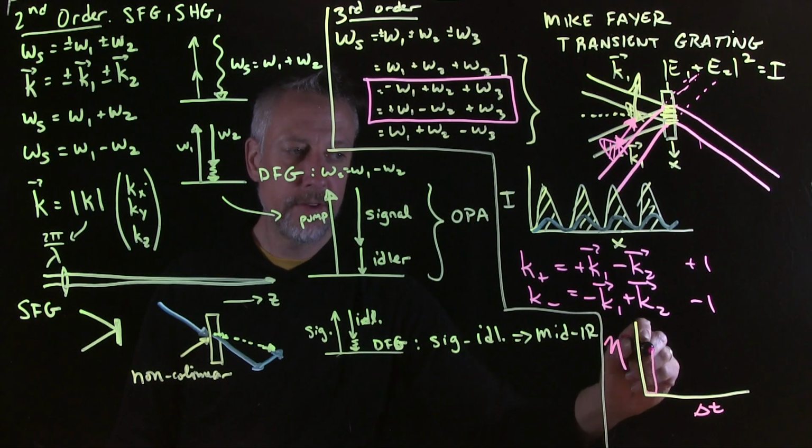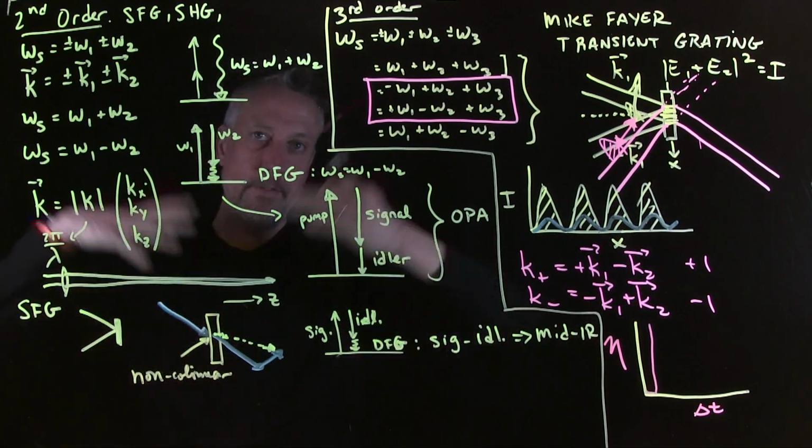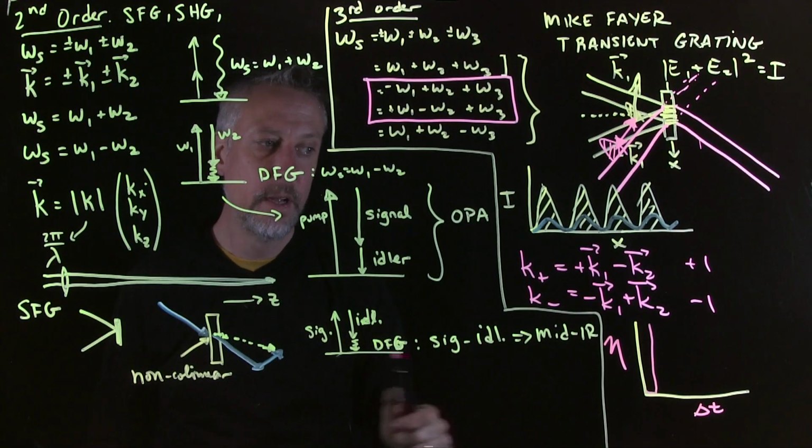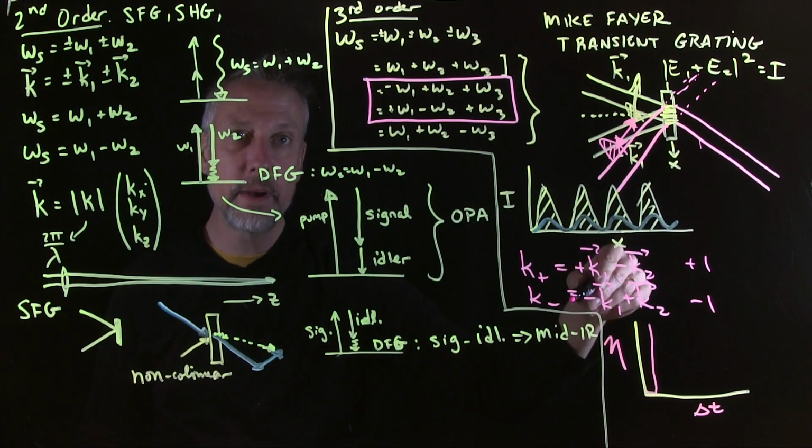At time 0, the signal will get very large because the effect is turned on right away with my, let's say, short pulses of some sort. But then some dynamical process might occur.